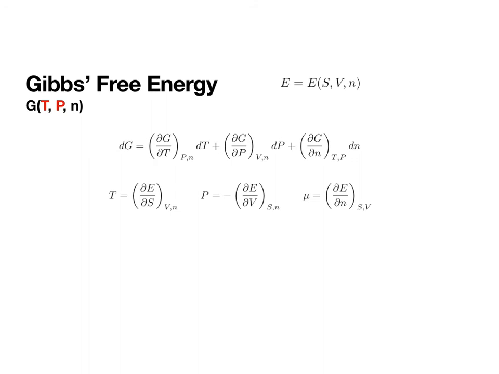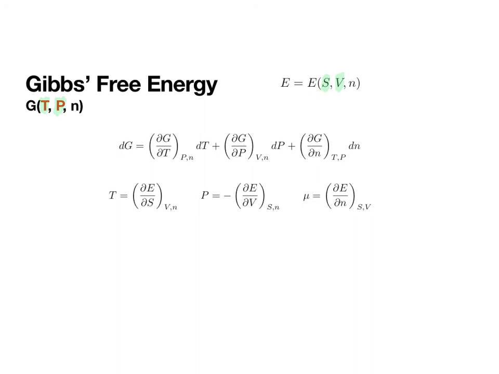Okay, so now comes the complicated one, Dr. Chamberlain's favorite: the Gibbs free energy. In this one, we're going to be tricky, and we are going to transform both the entropy and the volume. This gets us a term of the energy with respect to temperature and pressure.